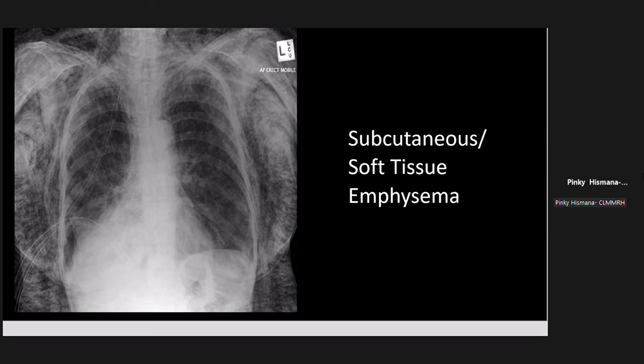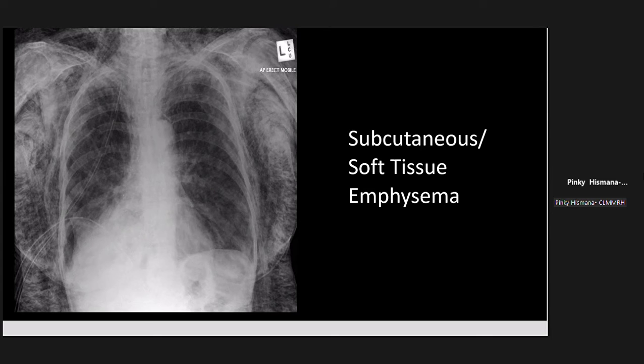Given that, what do you think is the problem here with the lateral chest wall? What is the abnormal density here? Maybe, Doc, there is the presence of air. Yes, because there is presence of air. When we talk about emphysema, that means there is air.